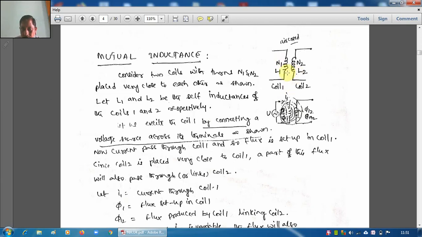If the first student is a bad student, then automatically the friendship of this student with another student results in a bad friendship. That means the second student also will become bad. Here the effect is mutual effect of one student on the other, like that. The term mutual generally comes into picture whenever there are two or more coils or persons.